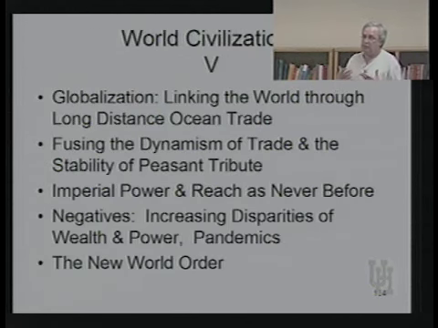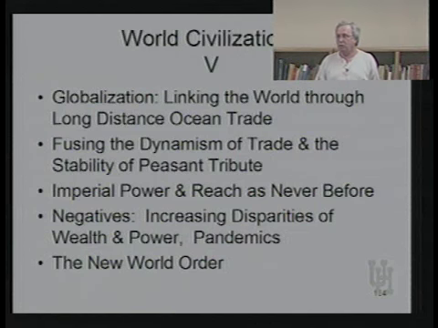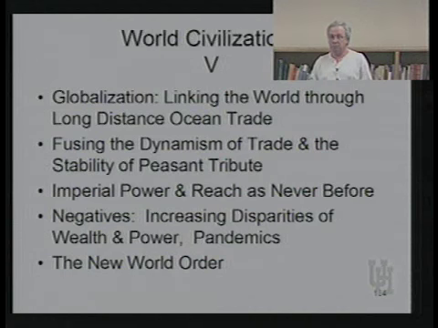This is clearly an early part of what we call globalization, linking the world through long-distance ocean trade. This was a key impact of the new trading empires. They fused both the dynamic profitability of long-distance trade with the stability of peasant tribute.